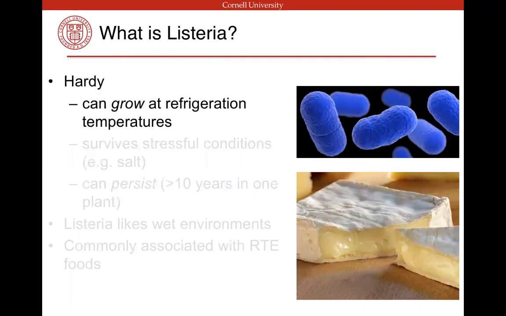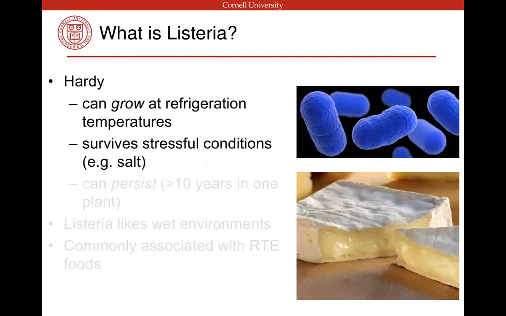So this becomes a problem if let's say you've got cantaloupe or some soft cheese, and that's got a little bit of contamination on the food, but if you put it in your fridge for a week, then that's when it starts to become a problem, because Listeria can grow in your refrigerator over that time period and become a lethal dose.